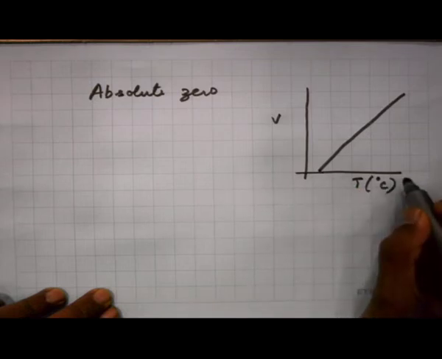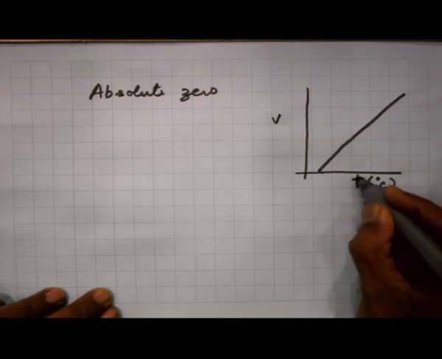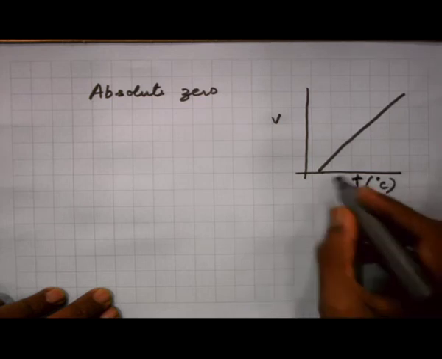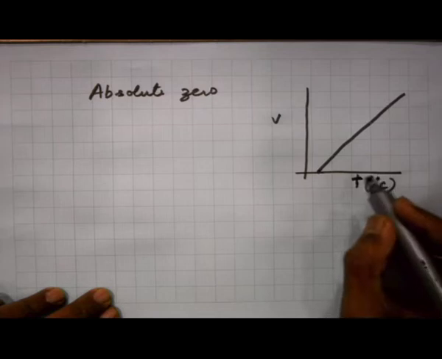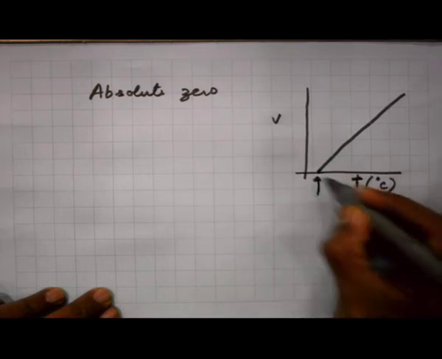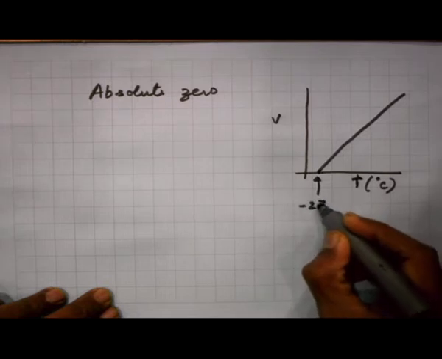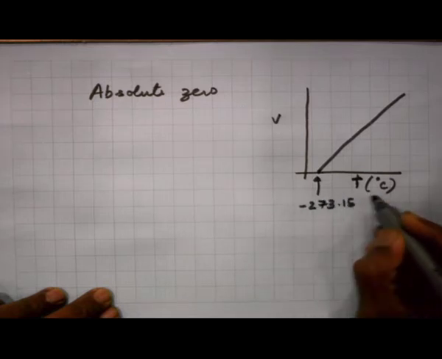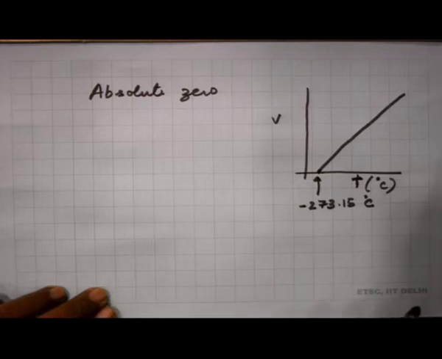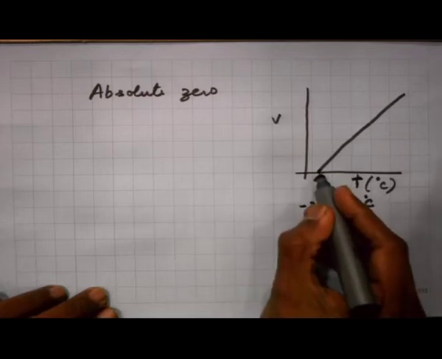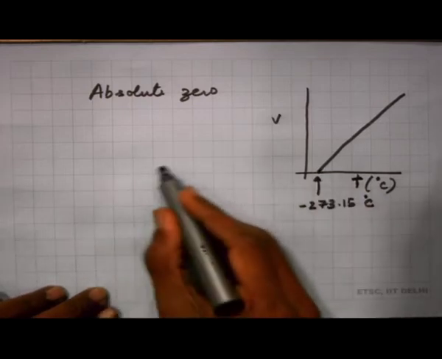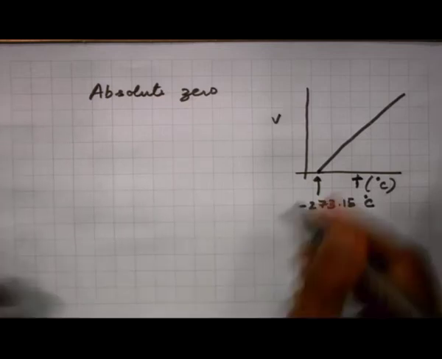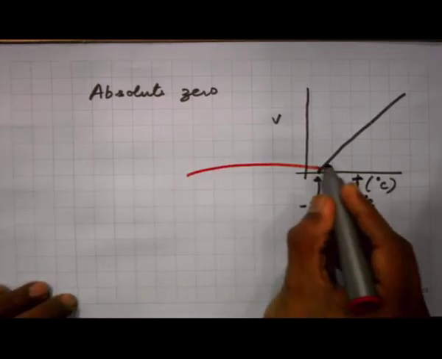Where I have plotted temperature in degrees Celsius, it intersected the x axis at a point which is minus 273.15 degrees Celsius, and this corresponds to 0 volume. So, this is 0 volume.